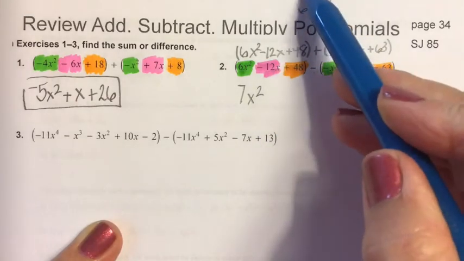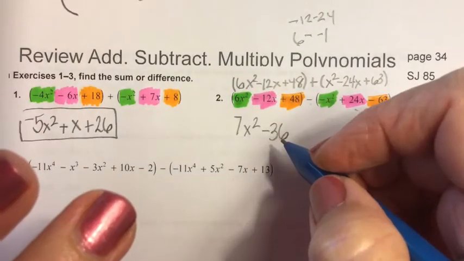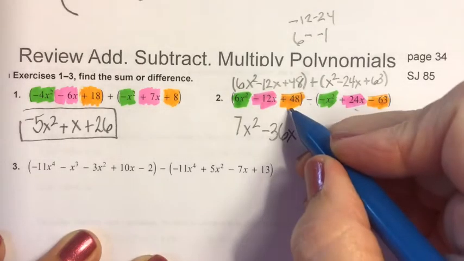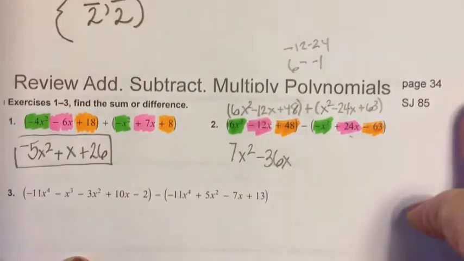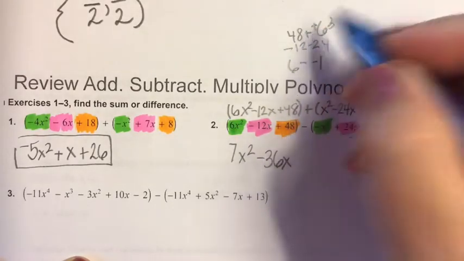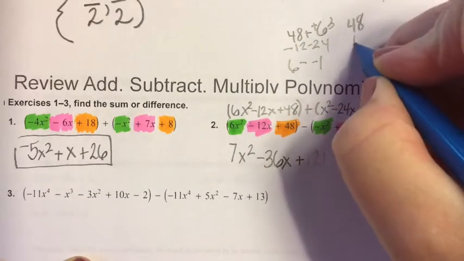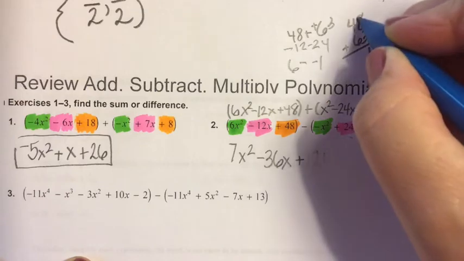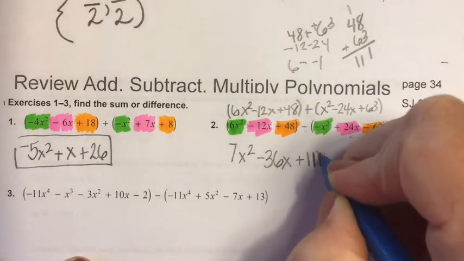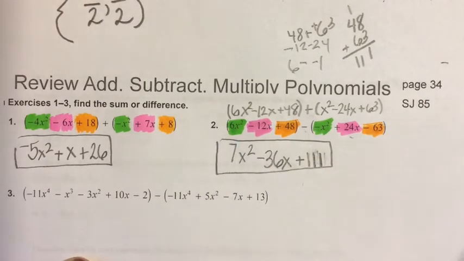Negative 12 minus 24 is negative 36x. 48 minus negative 63 is the same thing as 48 plus 63, which is 111. And that would be my answer to question 2.